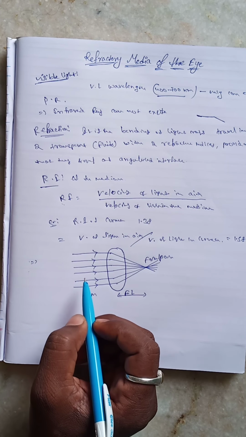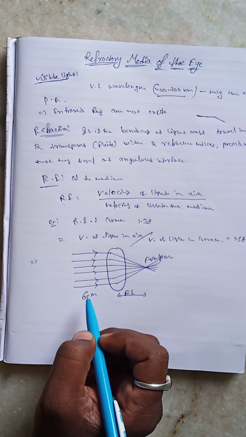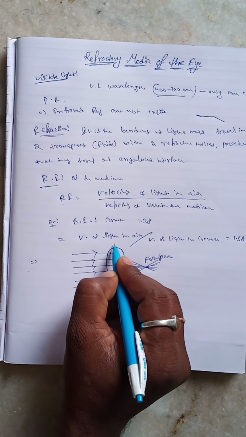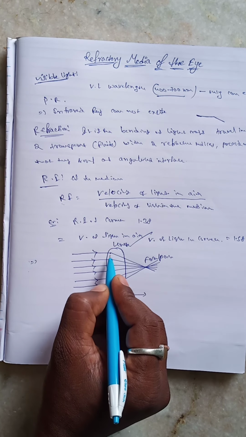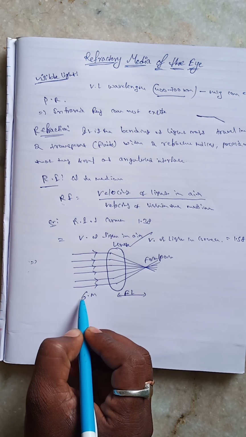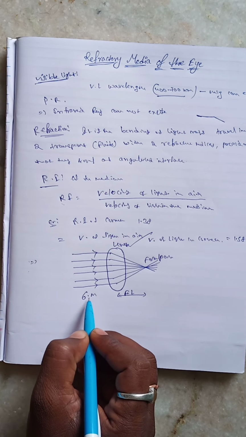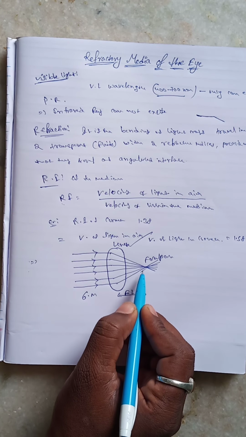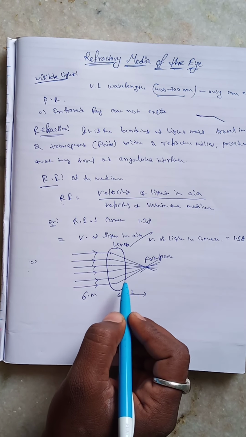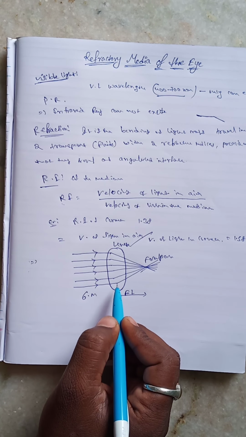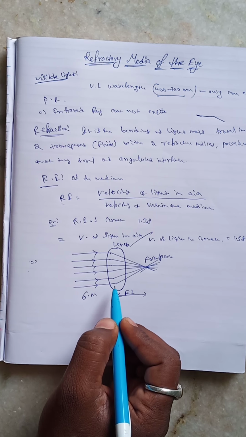Parallel rays coming from a distance of 6 meters will bend toward the edge of the convex lens, as in the cornea or lens.